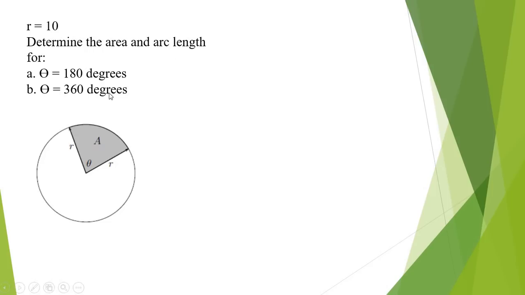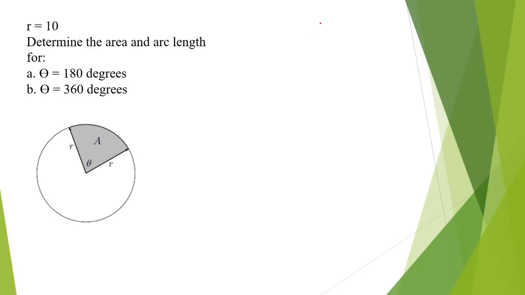Given the radius of the circle r is equal to 10, determine the area and the arc length for A, theta equals 180 degrees, and B, theta equals 360 degrees. So, we are required to determine the area and arc length for these corresponding values of our theta.